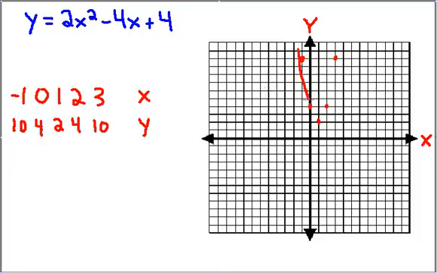Try to hit my points a little bit better. Not perfect, but you get the idea. This particular type of curve for a quadratic is called a parabola. That'll be more on that later on in algebra. But we have a curve here, downhill on the left for this particular one, and then uphill on the right. So this then is the graph for a quadratic function.